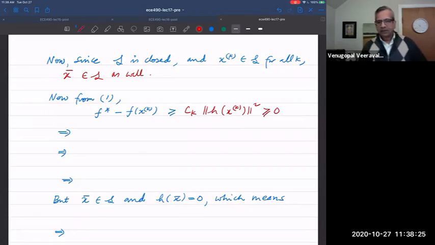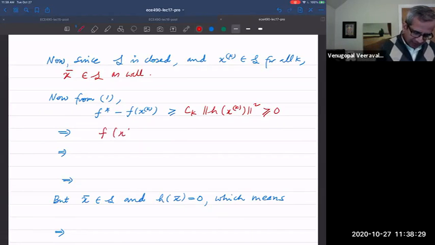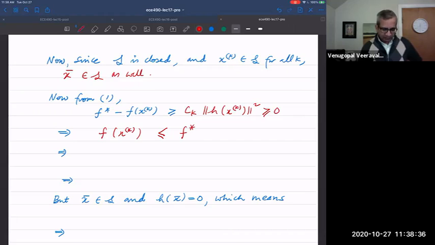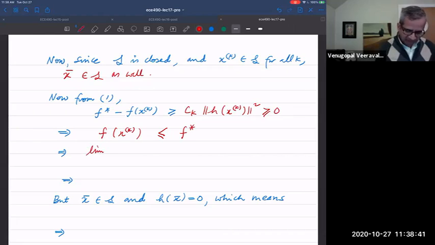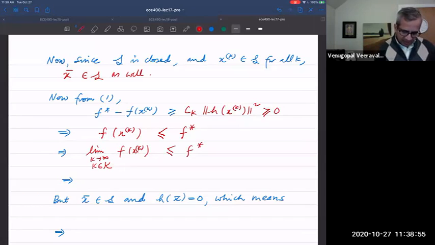So this means that f of xk is less than or equal to f star, which is the minimum. Now I take the limit of this over the sequence. So this is also going to be less than or equal to f star, but that limit is f of x bar.